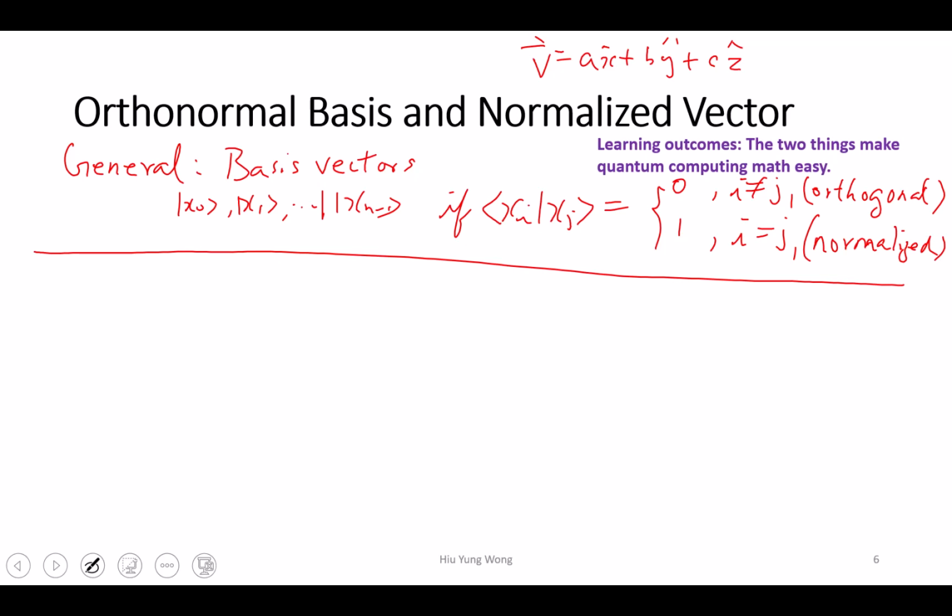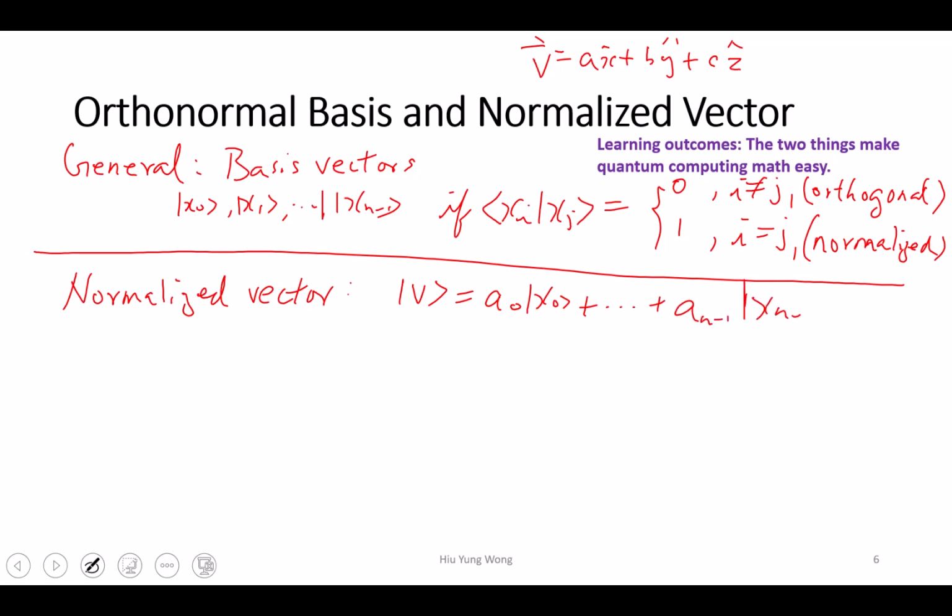It's a general vector. For example, if V equals a0 x0 plus all the way to an minus 1 xn minus 1, and the inner product of V with V equals 1, then this is a normalized vector.